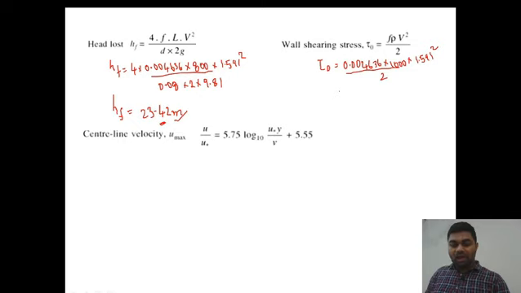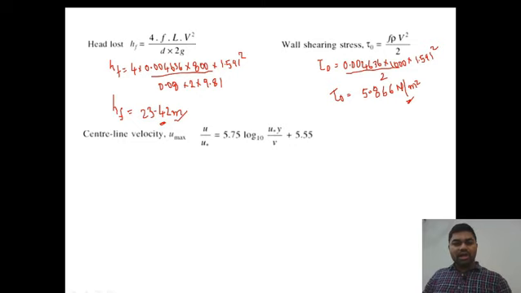So, the value of wall shearing stress, tau naught, is equal to 5.866 Newton per meter square.